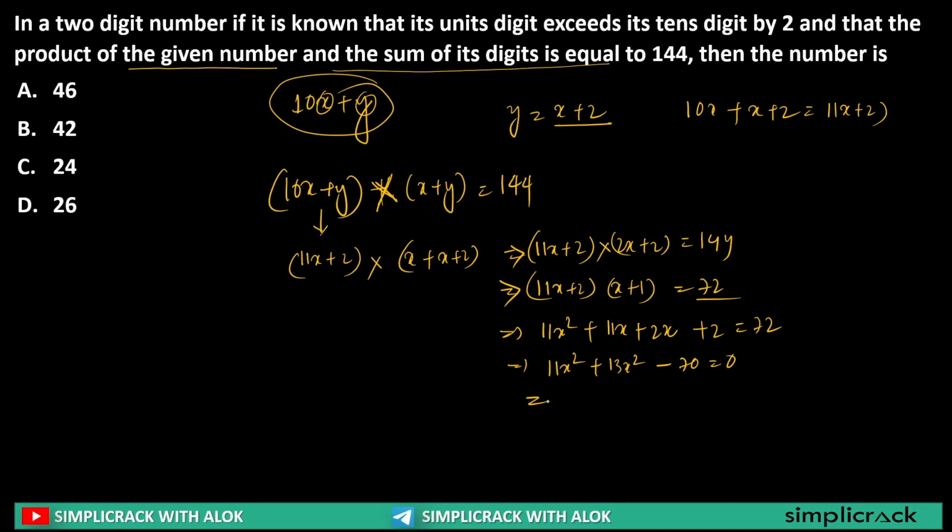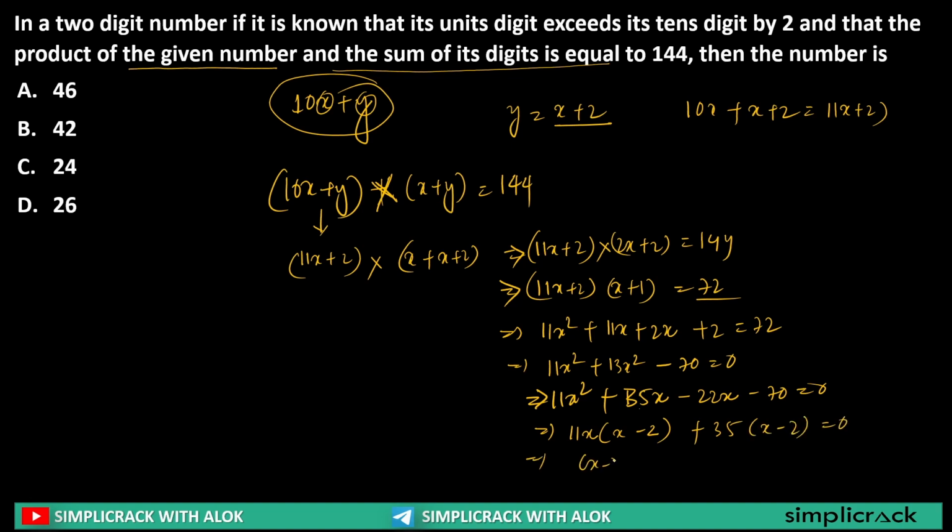So it will be 11x square plus 35x minus 22x minus 70 equal to 0. Or you can take 11x common, x minus 2, plus 35 common, x minus 2 is equal to 0. So take x minus 2 common, we'll get 11x plus 35 is equal to 0.